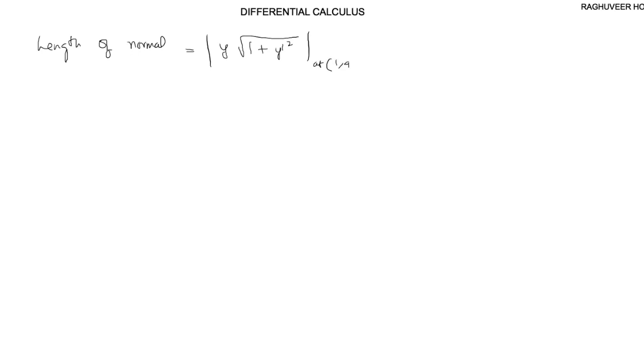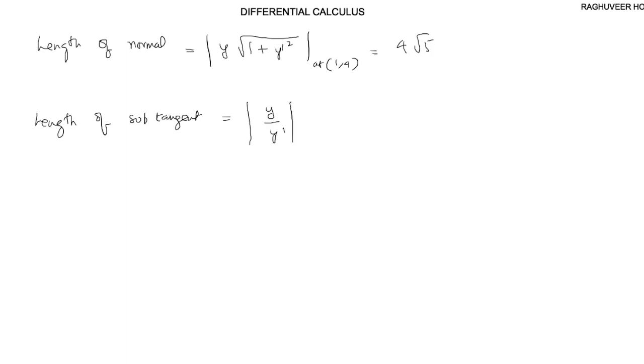Now let us see the length of normal, which is y square root of 1 plus y dash square. Now this is again at (1, 4), so that is 4 root 5.